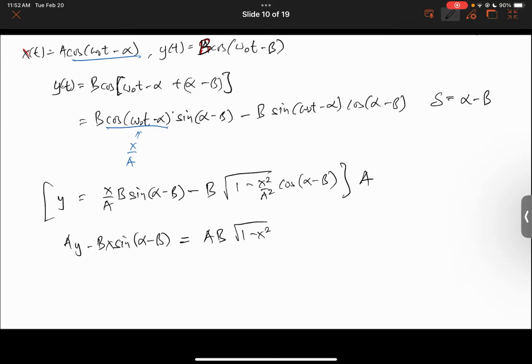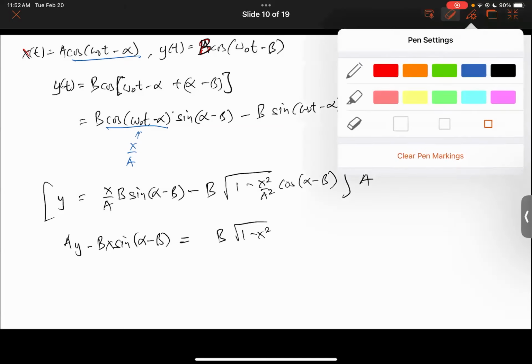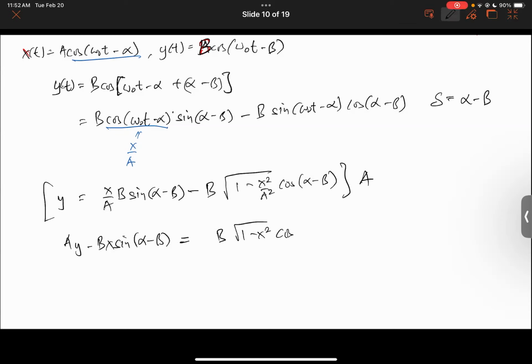Since a squared is in the denominator, it cancels with the a, so we can remove this, times cosine alpha minus beta.